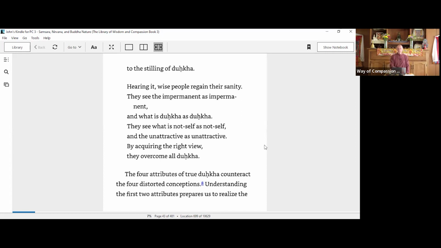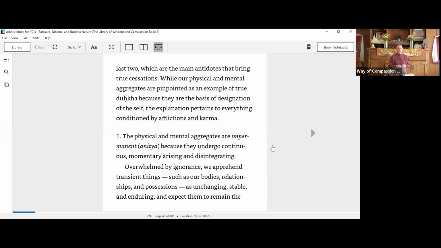The 4 attributes of true dukkha counteract the 4 distorted conceptions. Understanding the first 2 attributes prepares us to realize the last 2, which are the main antidotes that bring true cessations.